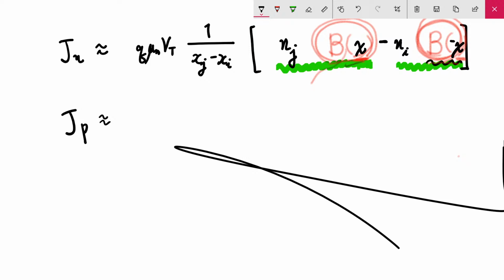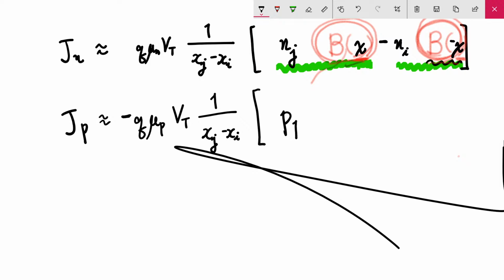If we just write down the diffusion dominant form, do you remember the coefficient for the diffusion term in the whole current density? In this case we have to have a minus sign. So here we have Dp and 1 over xj minus xi. So also we introduce pj and pi.